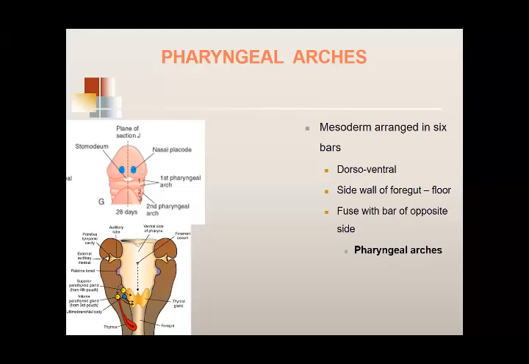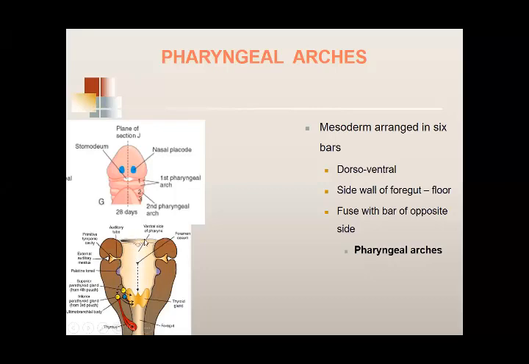Okay? Now your fingers are the condensed mesenchyme, and the gap between your fingers is loose mesenchyme. So this condensed mesenchyme is the 6 pharyngeal arches. Now see that these bars of mesenchyme, or rods of condensed mesenchyme, are on the side wall of the developing foregut, the cranial part of the foregut or pharynx. Okay, they form the ventral wall of the pharynx, these are the side walls.